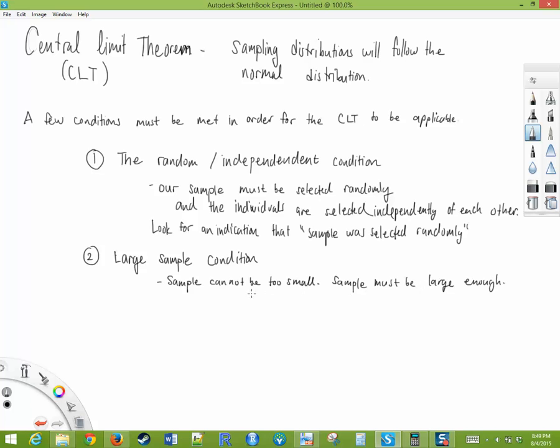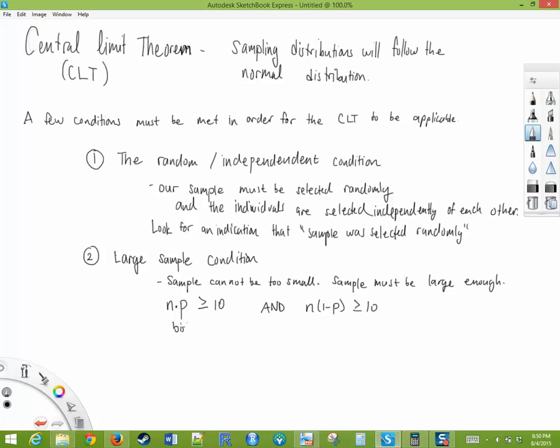Okay, and so for this to be the case, there's two math things that you need to do. n times p must be bigger than 10, and n times 1 minus p must also be bigger than 10.